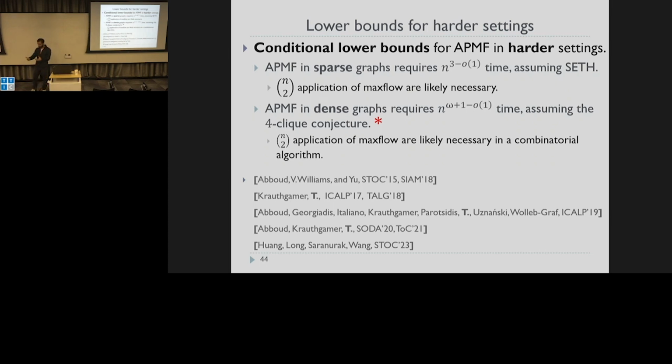You don't have a succinct data structure. I mean, sometimes you do have algorithms that are faster than the naive approach, but it is still more difficult. So for example, for directed graphs with edge capacities, we showed an n³ conditional lower bound. So Gomory-Hu works, you say, only for undirected graphs with edge capacities?